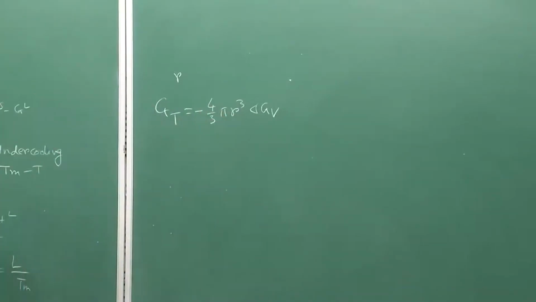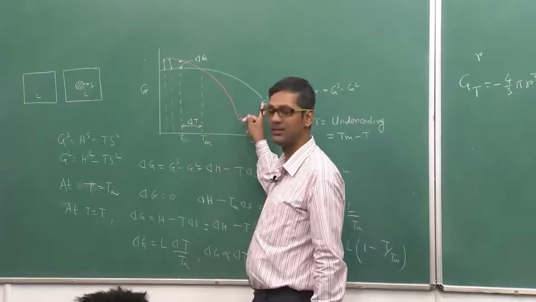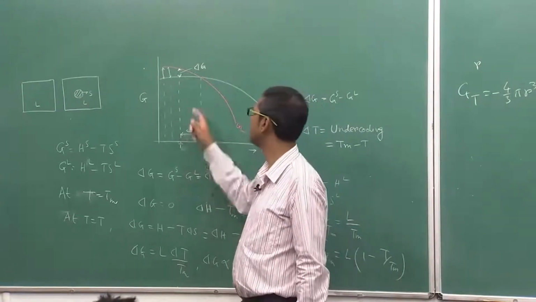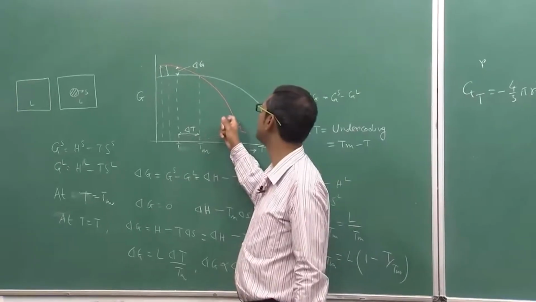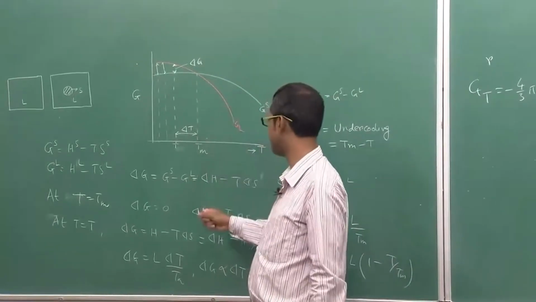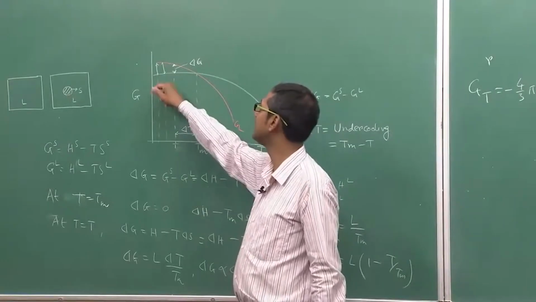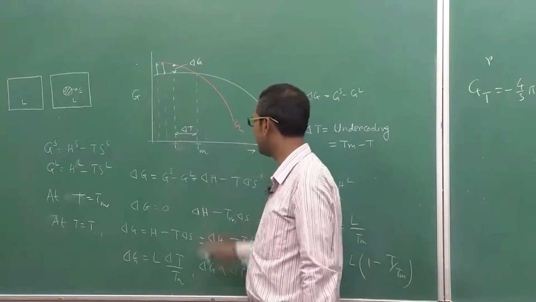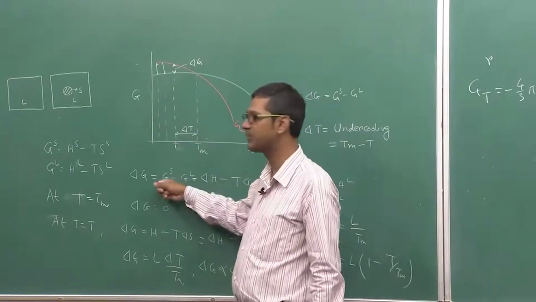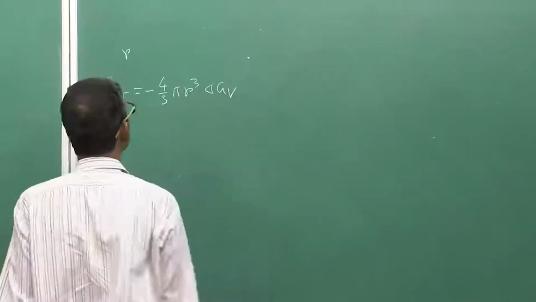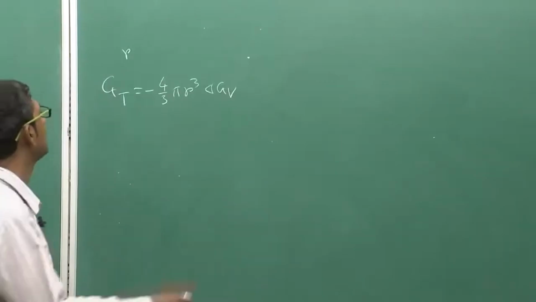Because this free energy is the difference between solid and liquid, solid minus liquid. The solid has a lower free energy than the liquid, so delta G V will have a negative sign.